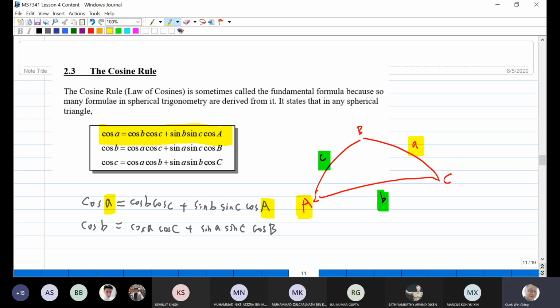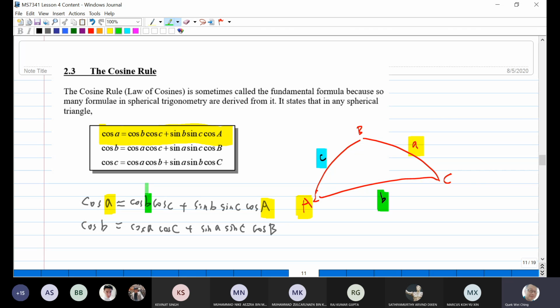Then afterwards, let me use a different color so that you can see the difference. Cosine of B, B is the green one.